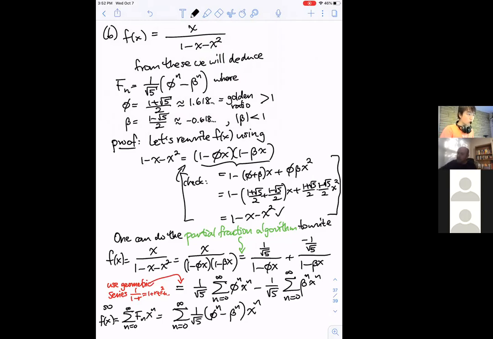All I did was combine these two summations and look at what the coefficient on x to the n was. And that's what we wanted. Everybody see how that went?